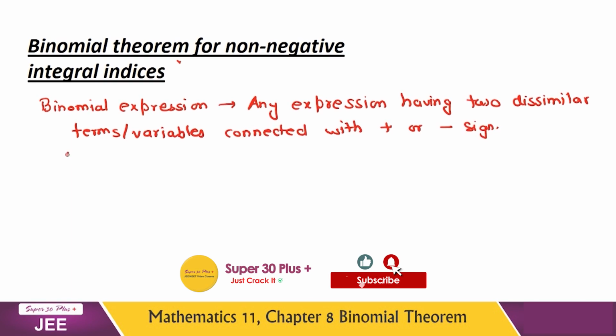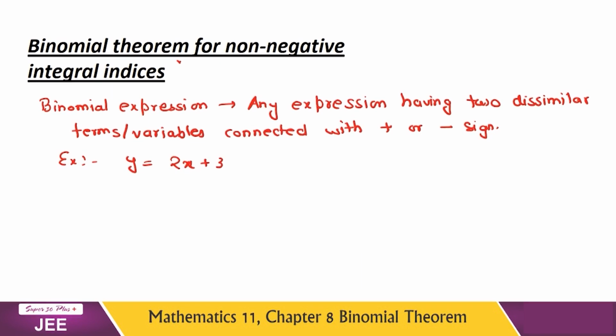For example, if I have written y equals 2x plus 3, here I have one term as 2x and another term as 3. So this expression will be termed a binomial expression because I have two dissimilar terms or variables.